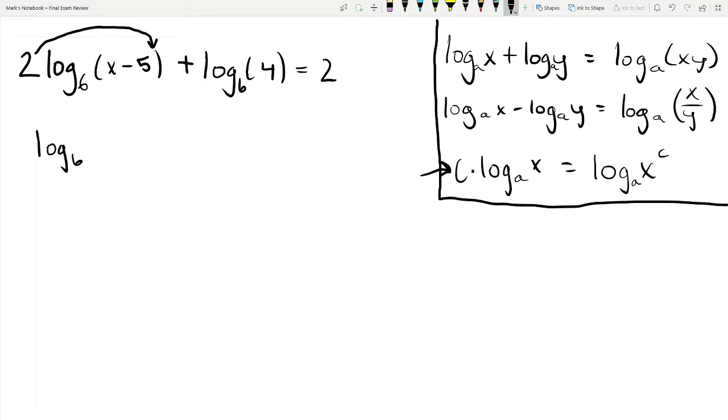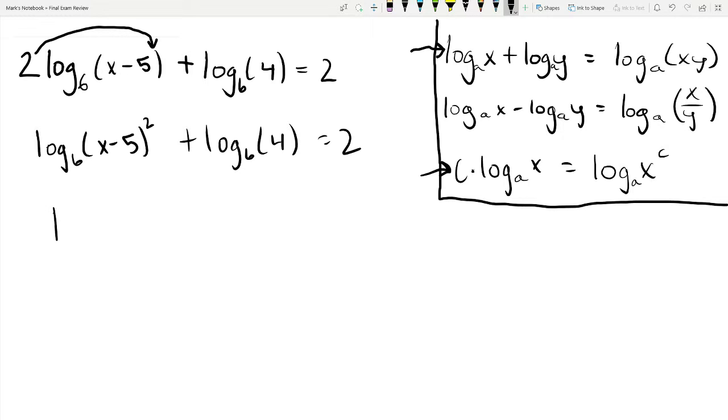So log base 6 of (x minus 5) squared plus log base 6 of 4 equals 2. Now that I don't have any coefficients in front of my logarithms, I can use this first logarithmic equation to write these logarithms as a product because I have a plus sign in between.